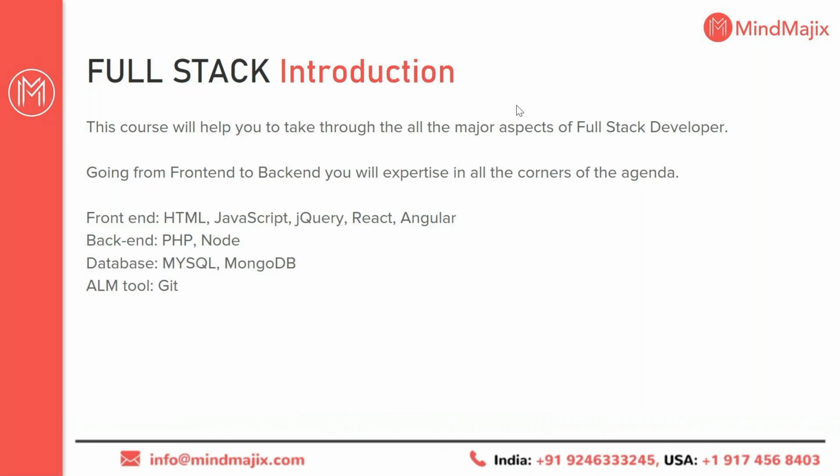Suppose we are carrying these 3 details. First we need HTML to create the form, and then we require JavaScript, React or Angular for front-end validations. Whatever inputs they enter, we should validate in the front end itself. So we use JavaScript, jQuery, React, Angular majorly for those purposes.